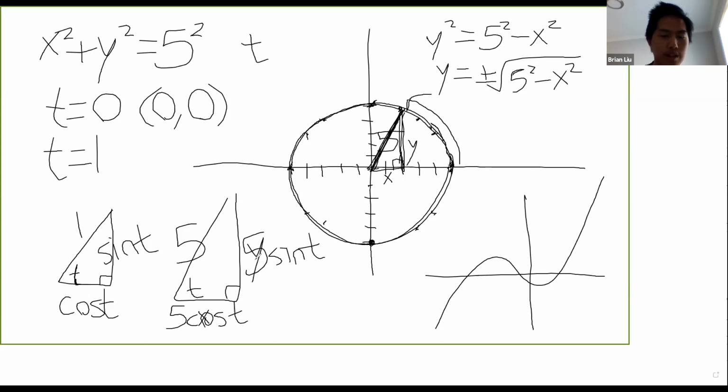Right, so now that we have 5 cosine t and 5 sine t, we can write this as a pair. 5 cosine, and when t is 1, then it's just cosine of 1. And then the y would be 5 sine of 1.